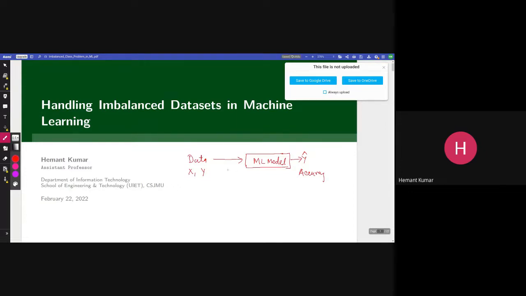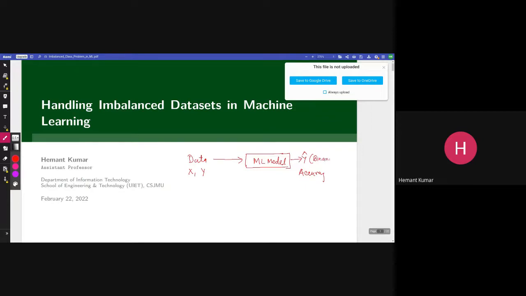If the data is signal, image, tabular, numerical or text data, any kind of data, we have to pass it into an ML model. In between data and ML, we have a pre-processing task, which we are skipping here. We just pass the data into the ML model and find the value of Y, and it is binary.